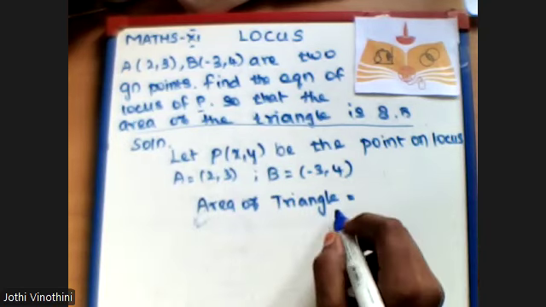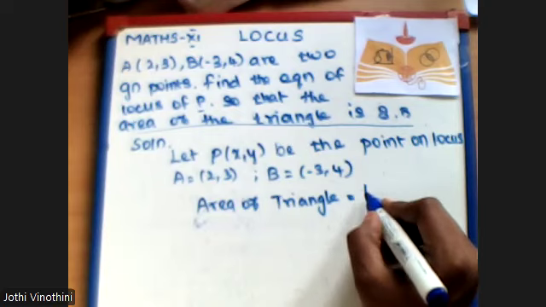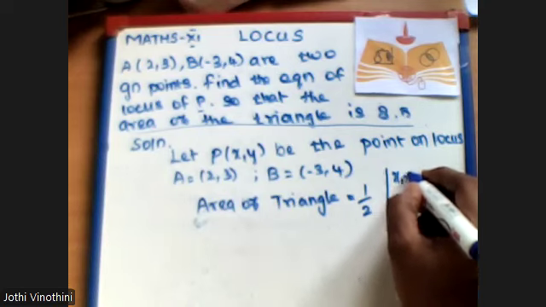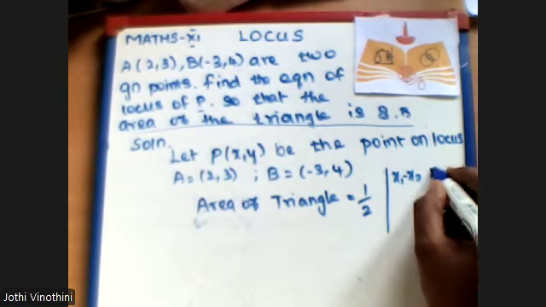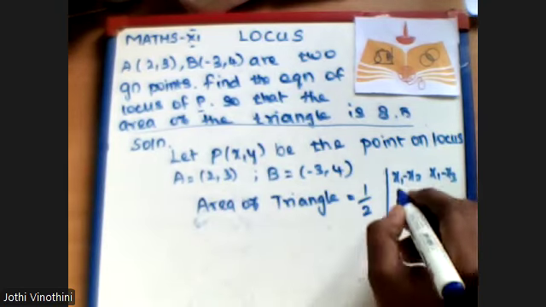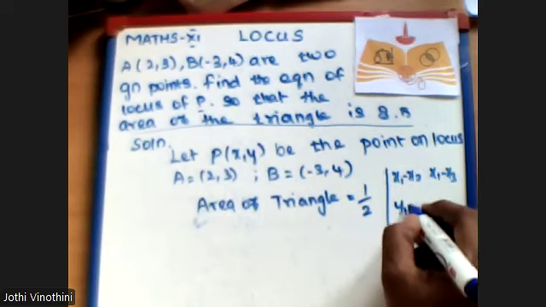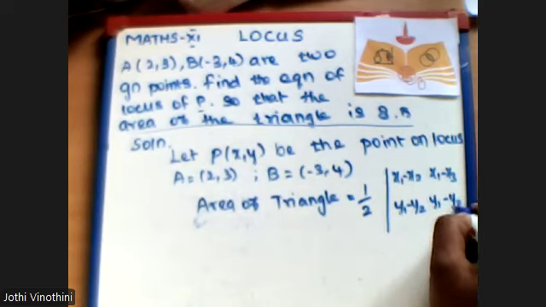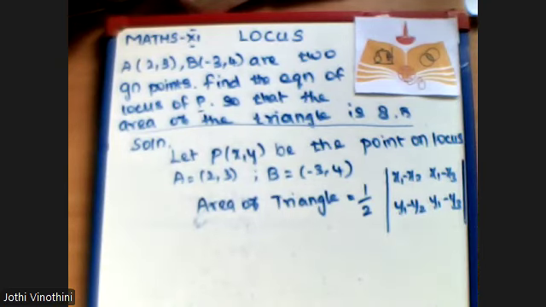The area of a triangle formula will be half modulus of x1 minus x2, x1 minus x3, y1 minus y2, again y1 minus y3. So this will be the formula, right?